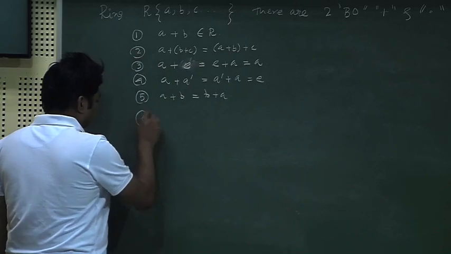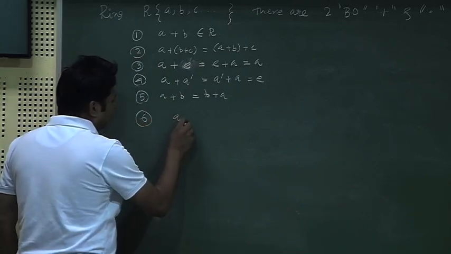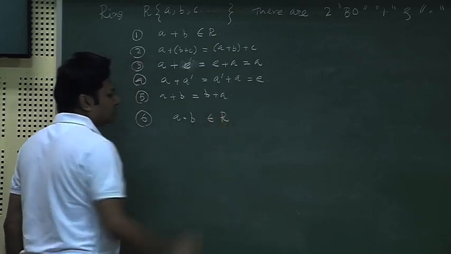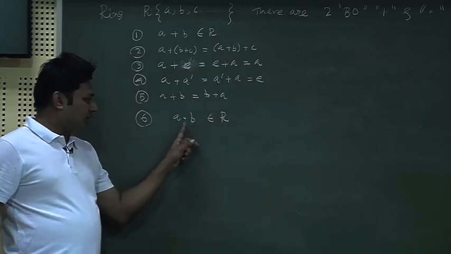6, a star b belongs to R. Quite trivial, because star is another operation.